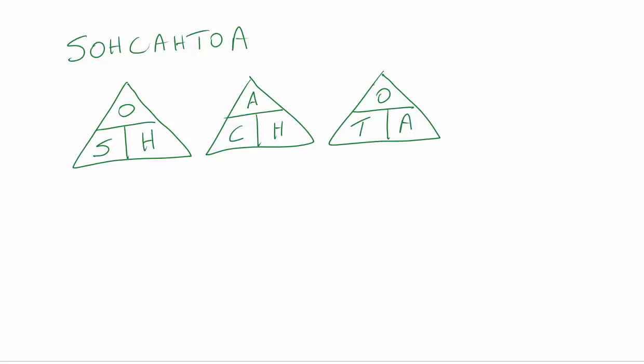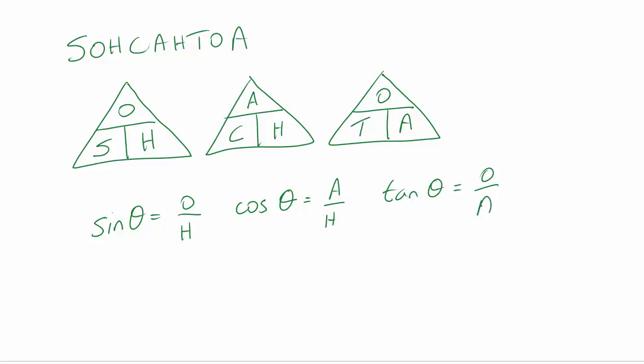Now these are the three rules. Sine theta is equal to opposite over hypotenuse. Cos theta is equal to adjacent over hypotenuse, and tan theta is equal to opposite over adjacent.